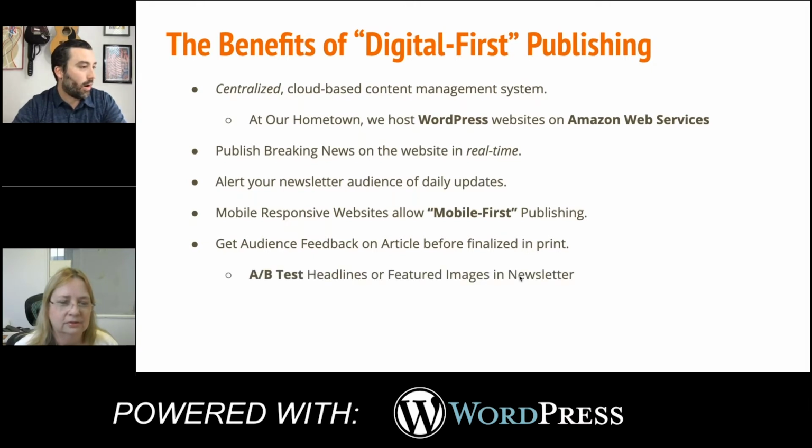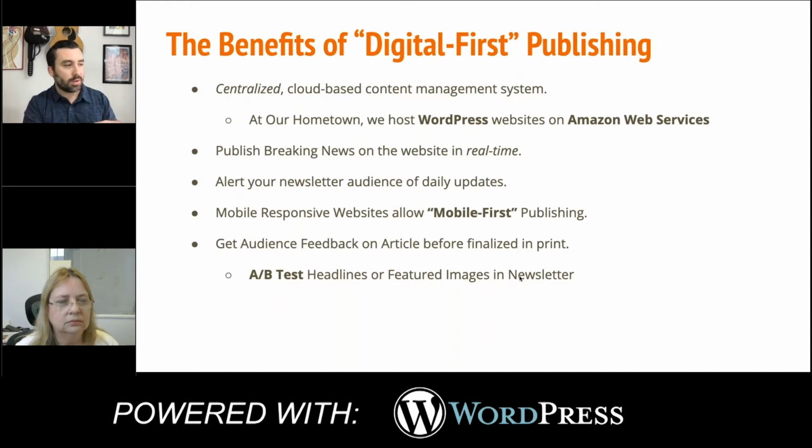Okay. Now, one idea I had for this is that you could maybe test out different headlines or different featured images in your newsletter. That would be the place to do it. I mean, we're getting a little bit off on a tangent here, but you can't really do A/B testing on the website. I mean, you sort of could, because you could put a headline up first and then change it and see which one gets more clicks.